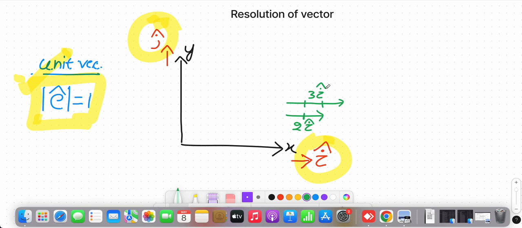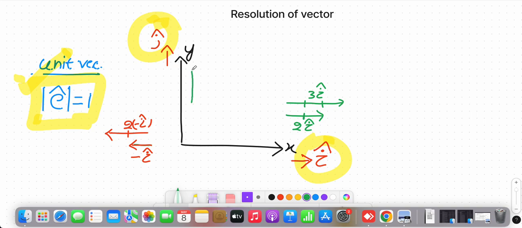Let's say 2 times minus I cap. Now minus I cap means a unit vector whose direction is negative x-axis. So if someone writes 2 times minus I cap, it means its magnitude is 2 and direction is negative x-axis.